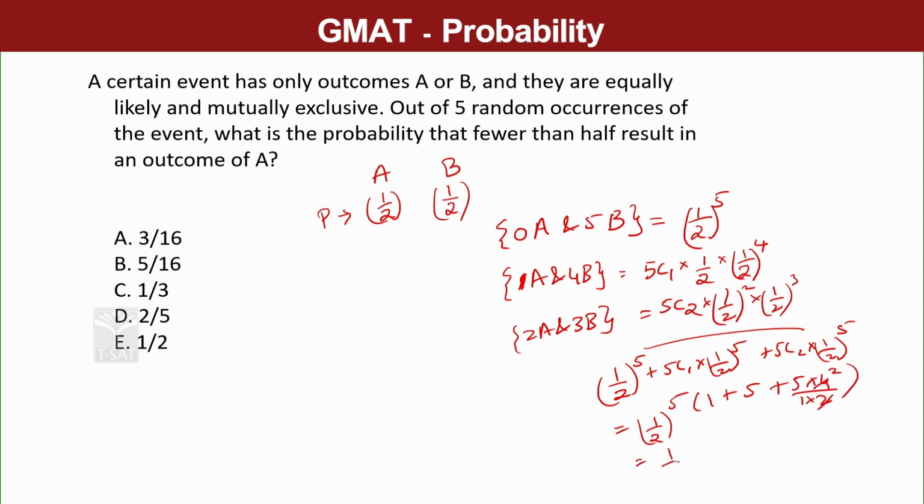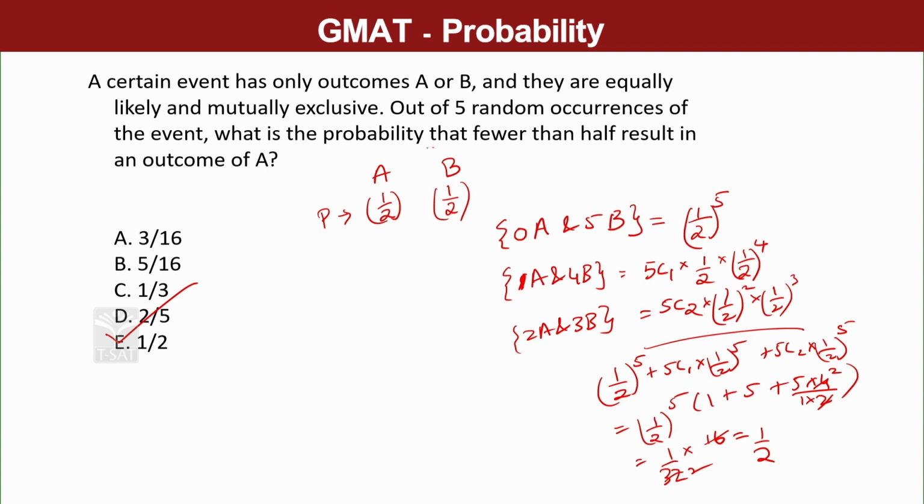So, this is 1 by 32, 2 to the power of 5 is 32, into 1 plus 5 plus 10, 16. It comes out to be 16 by 32, that is 1 by 2. Answer is option E. I hope this was clear.